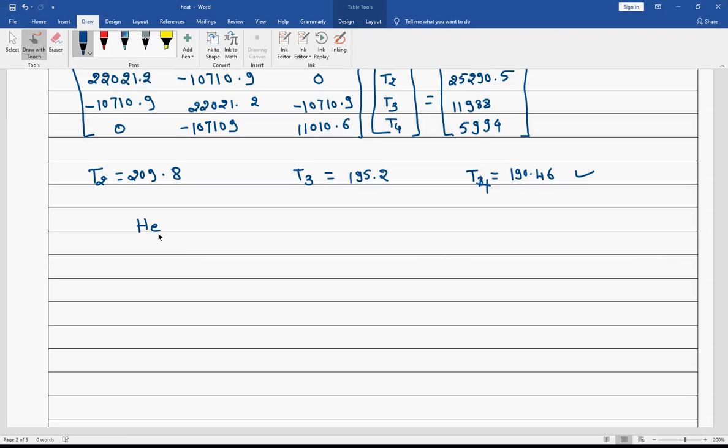Okay. Heat loss of each element is equal to H into T average minus T ambient into surface area.